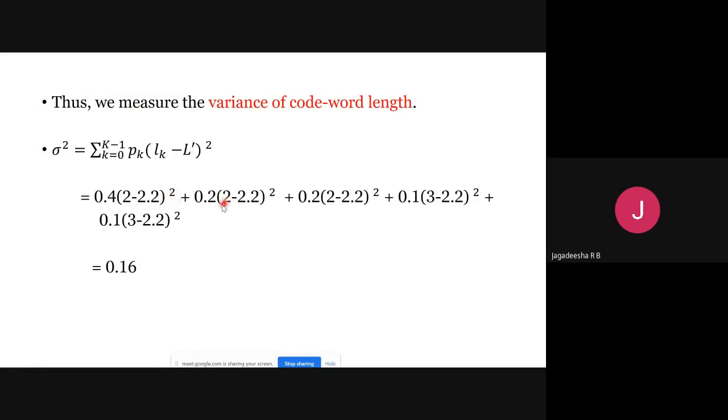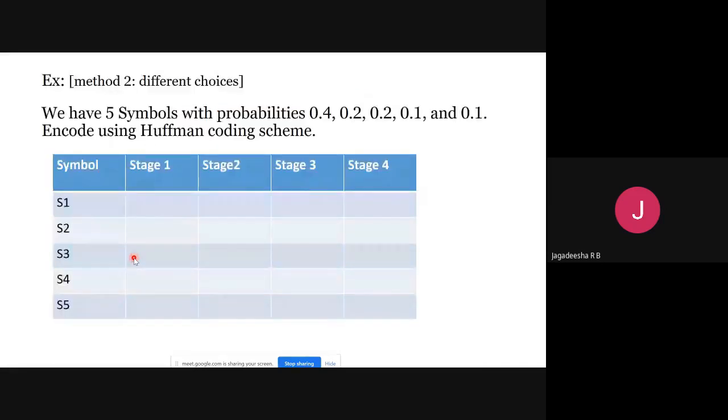And the second symbol, probability is 0.2, and other things remain the same. So this is the code word length, this is L prime. Similarly here, for the last symbol, the probability is 0.1. It had 3 bits, 0, 1, 1 or something, minus 2.2, that's L prime, and it's square. The value becomes 0.16. Okay, that's the variance.